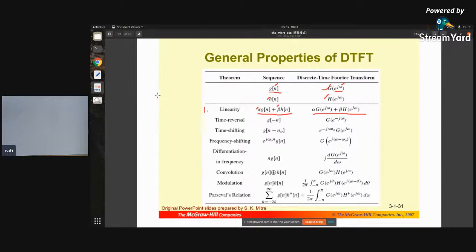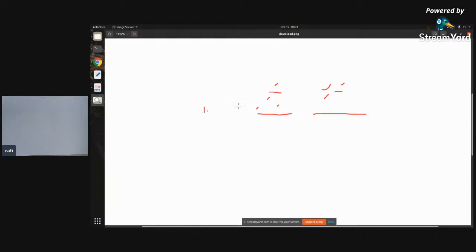The proof is very easy. We need to find the Fourier transform of a linear combination of two signals, alpha into g of n plus beta into h of n, where alpha and beta are some real numbers. We won't take complex numbers for linear combination in general.